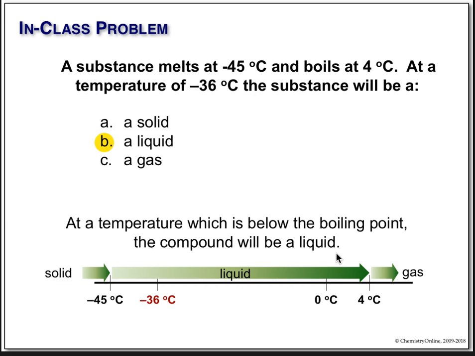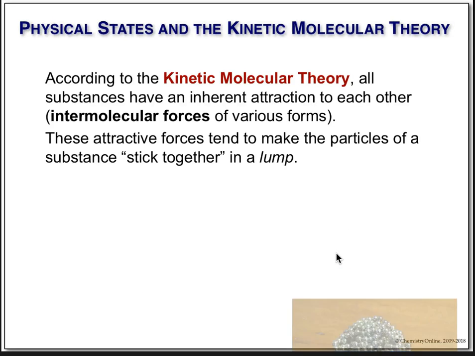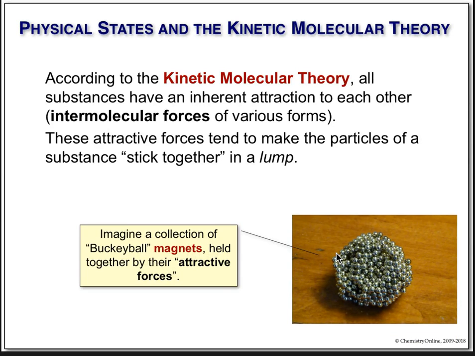All right, so why do things have unique melting points and boiling points? I said that this had to do with what we call the kinetic molecular theory, and we're just going to touch on it. Basically, kinetic molecular theory tells us that every particle that exists, everything, has an inherent attraction for everything else. That's an intermolecular attraction. Think about it. Remember buckyballs? Little tiny round magnets?